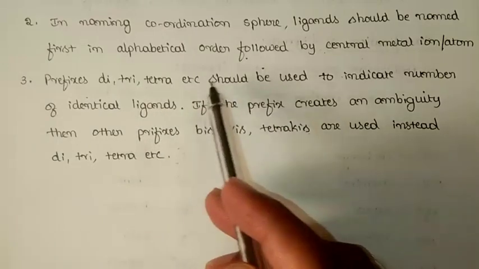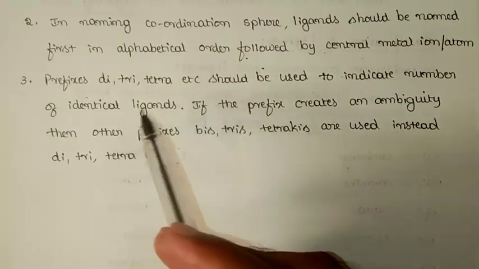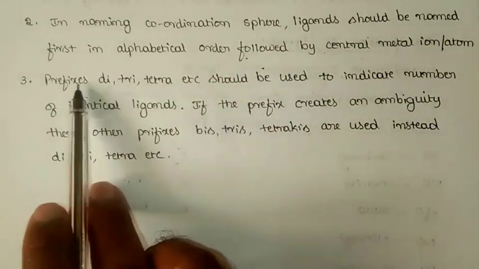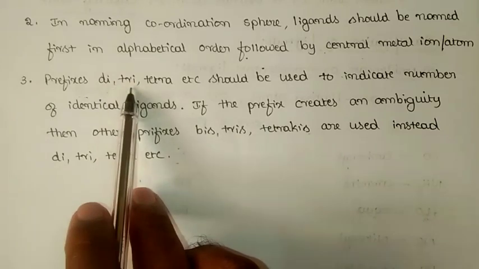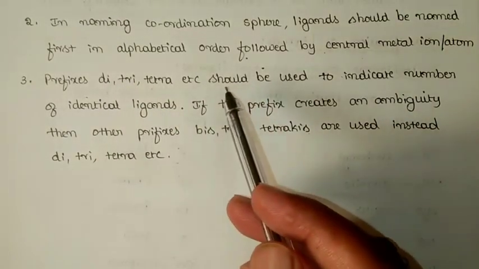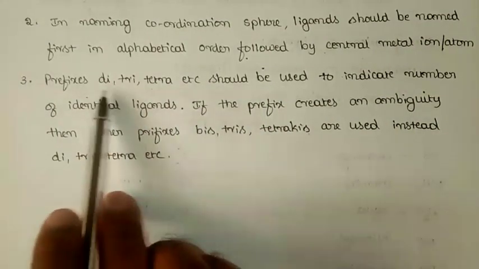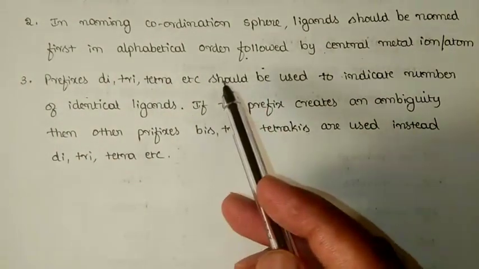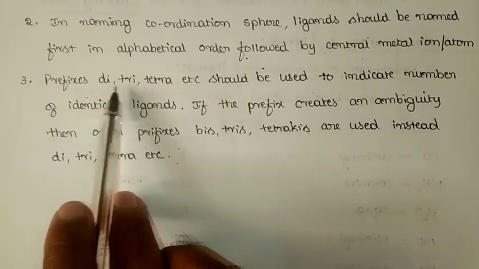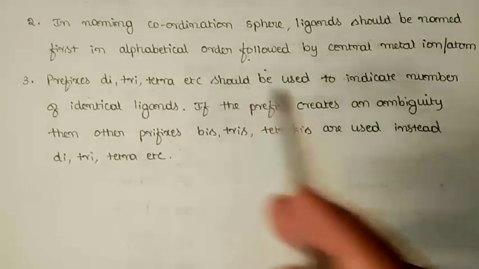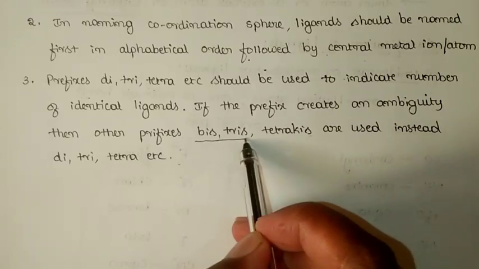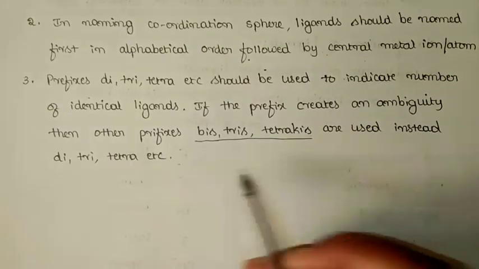Suppose we are having some complex ligands, so that creates an ambiguity in giving the names for those ligands if you use the common prefixes di, tri, tetra, penta, etc. If there occurs any ambiguity in using these normal prefixes for indicating the multiple number of the identical ligand, then instead of using the prefixes di, tri and tetra, we can go with other prefixes such as bis for 2, tris for 3, tetrakis for 4.